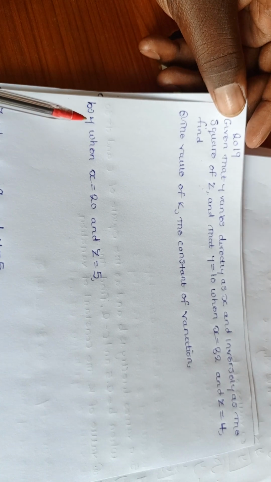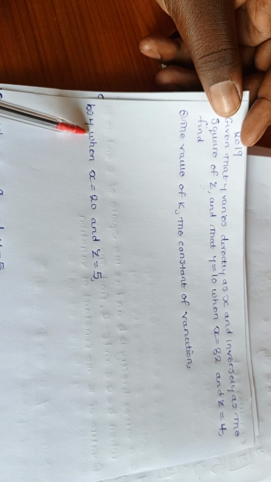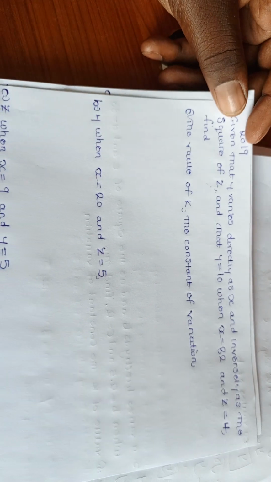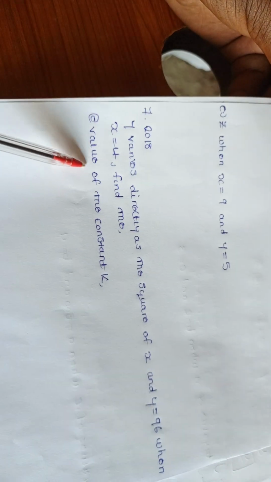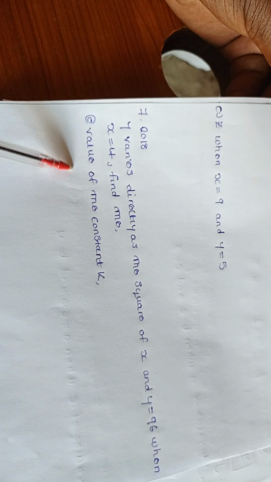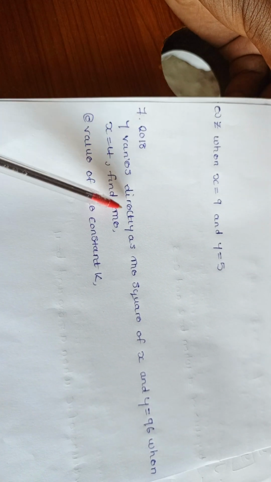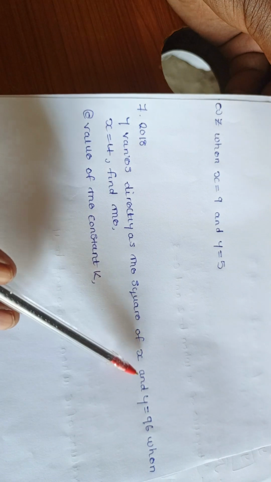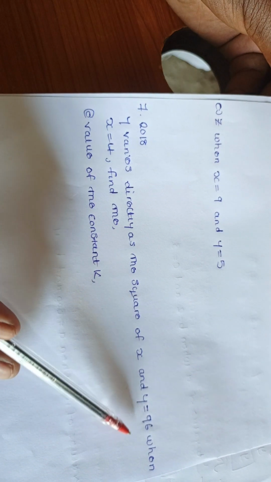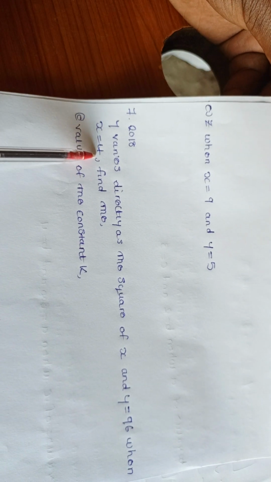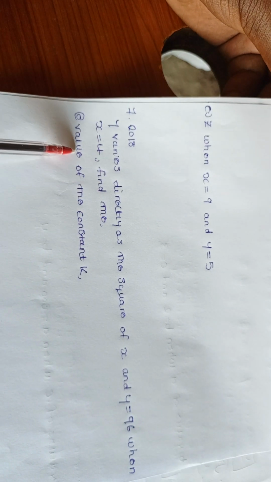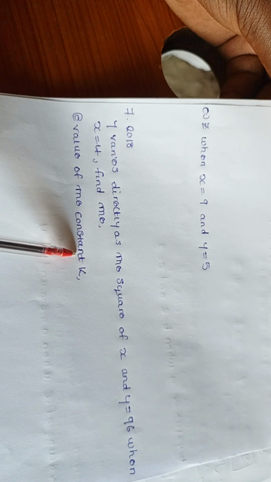Then find y when this and z when this. The question number 7: y varies directly as the square of x, and y is equal to this when x is equal to this. Find the value of the constant.